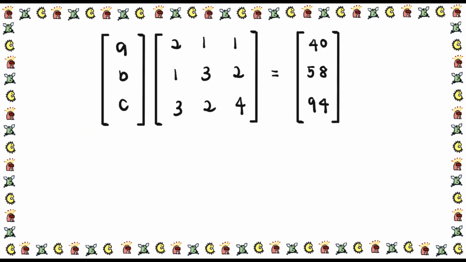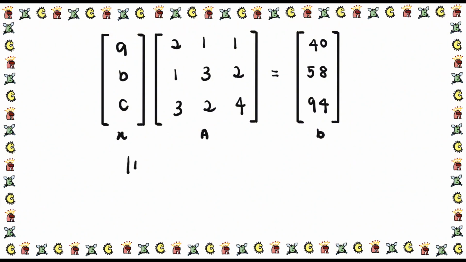Next, we will rewrite our equation into matrix form. Hence, this is what it looks like. Let's say this is matrix A, which consists of the coefficients of the variables in the equation, and this is matrix X, which are the variables, and this is matrix B, which are the total values in the equation.